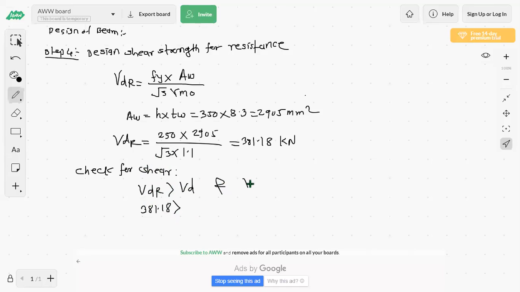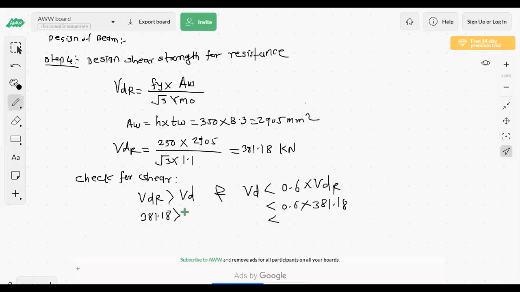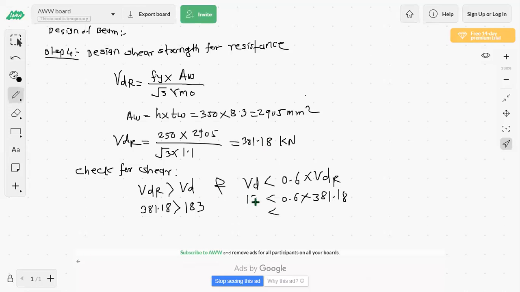And the second check is VD should be less than 0.6 VDR. So here 0.6 into 381.18. VD is 183 kilonewton.